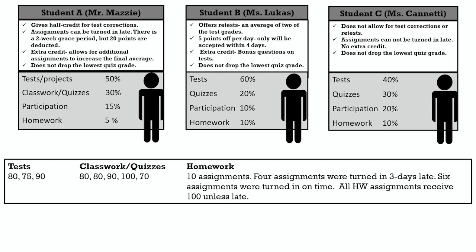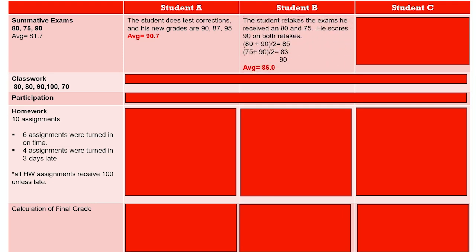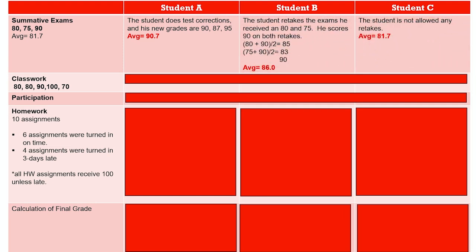So I did speak to all the trustees in the community, and I actually had shared an example, and I tried to run through an example of the 3 different students if we looked at them from a perspective of having 3 different teachers receiving the same exam scores, but what will happen to their final average in each of their classes depending on the teacher that they had based on the teacher's grading policy.